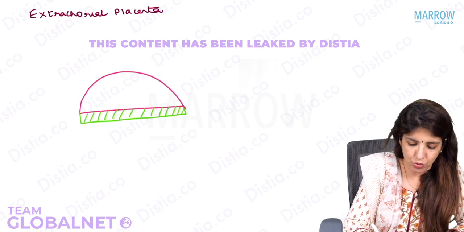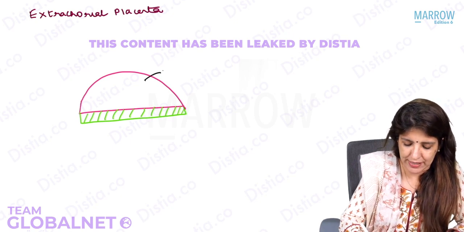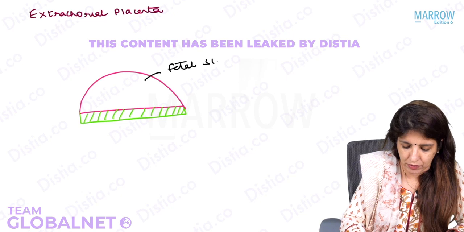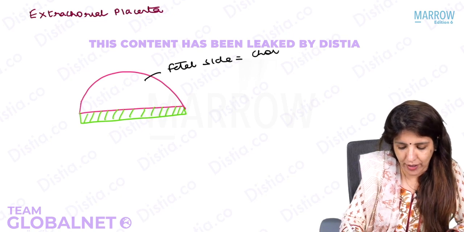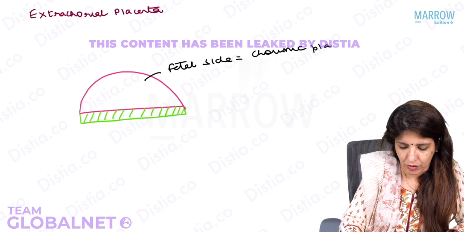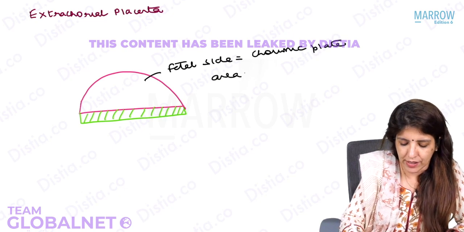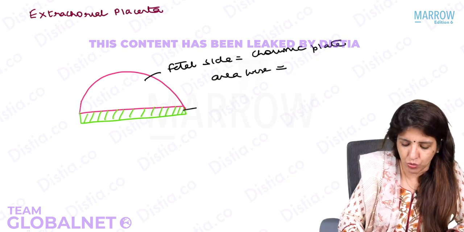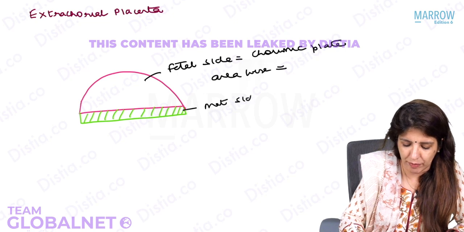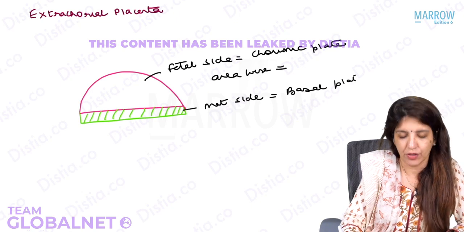So I told you the fetal side of the placenta, which is called the chorionic plate, area-wise, is equal to the maternal side of the placenta, which is called the basal plate, right?